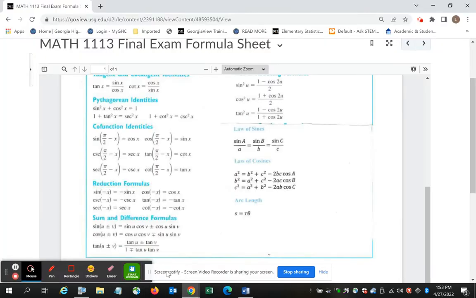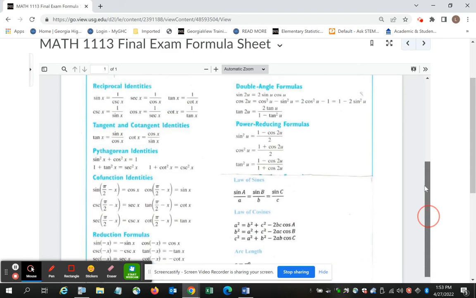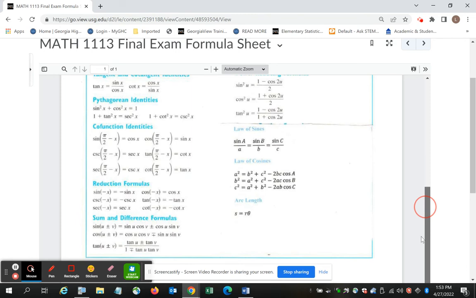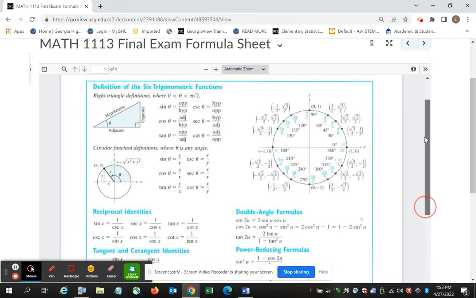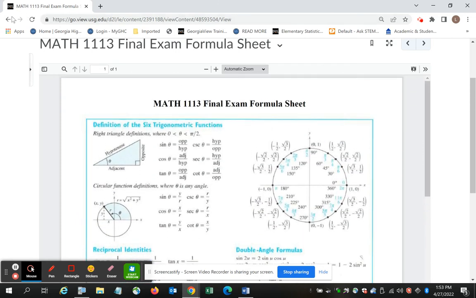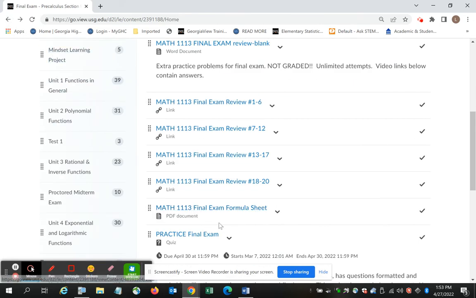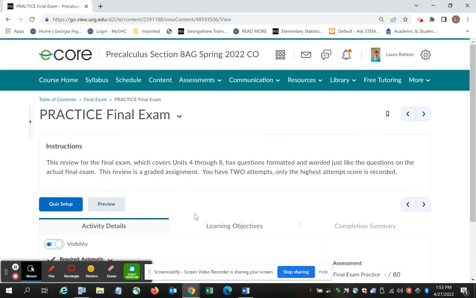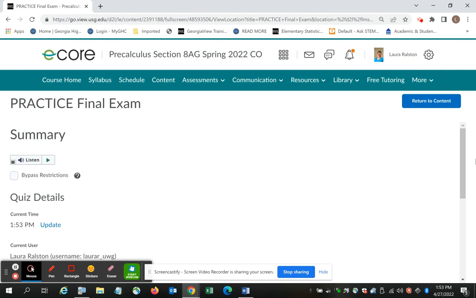It does not specifically tell us here to use Heron's formula, so I would use the formula for my oblique triangle, which doesn't appear to be on the formula sheet, but I believe, let's look. If we look at the practice, got to preview it so you can see it.